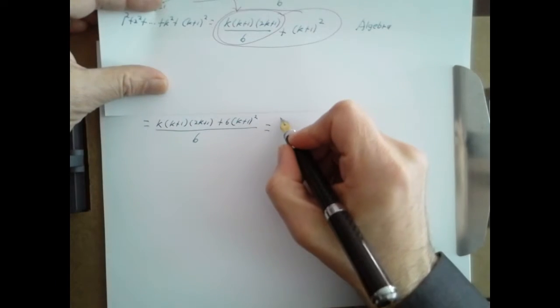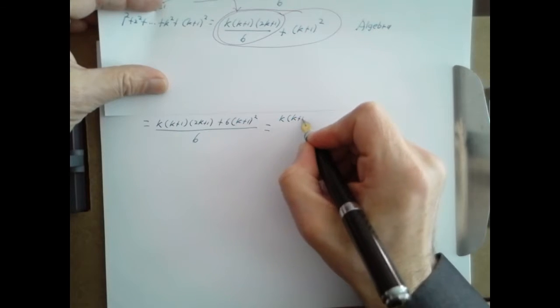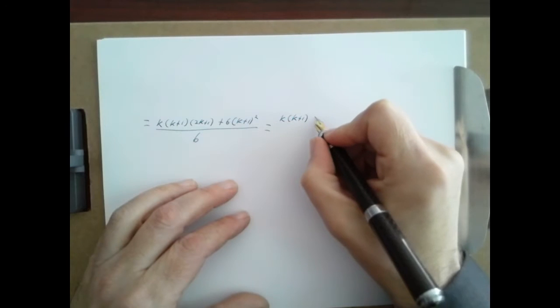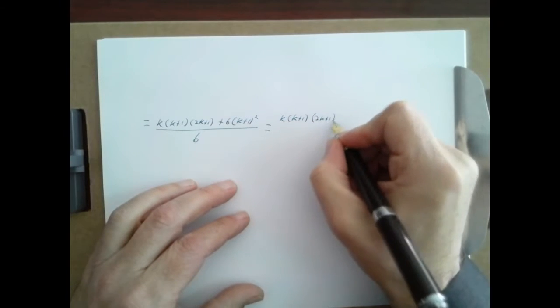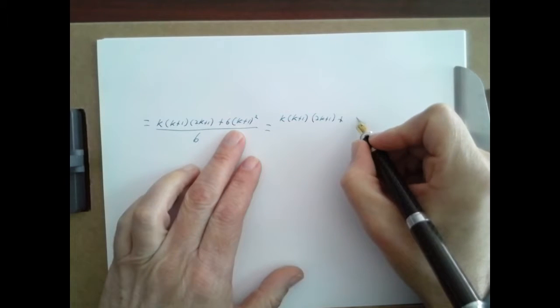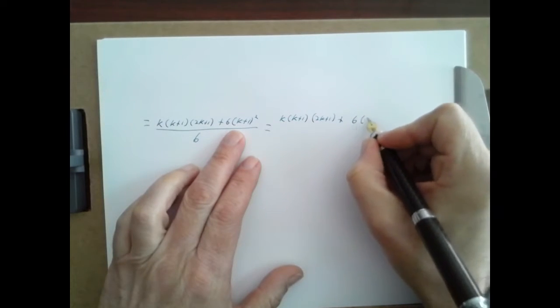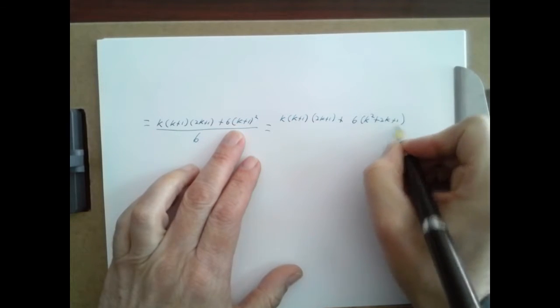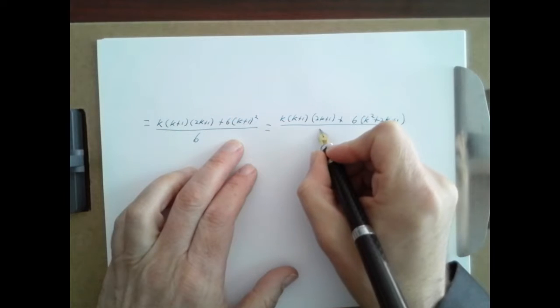All right, which is equal to k times k plus 1 times 2k plus 1 plus 6 times k squared plus 2k plus 1, all divided by 6.